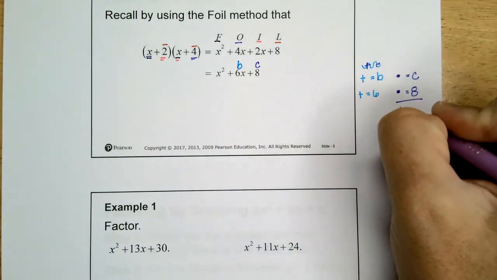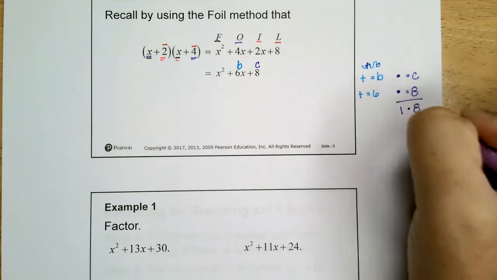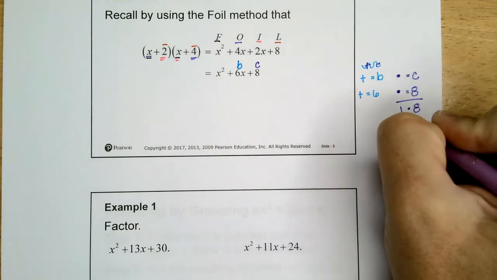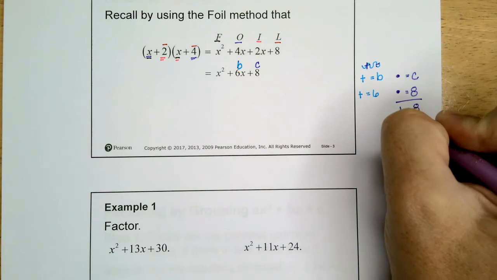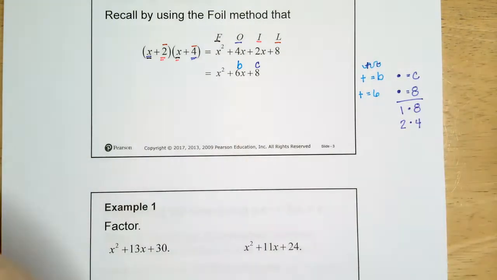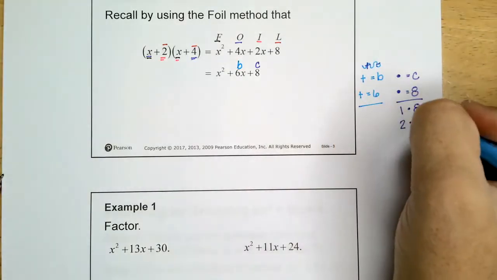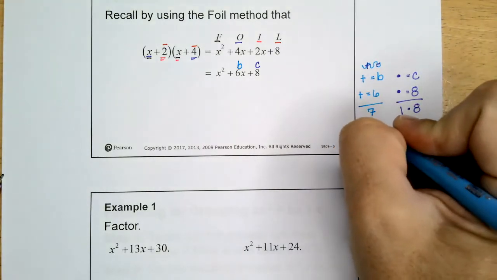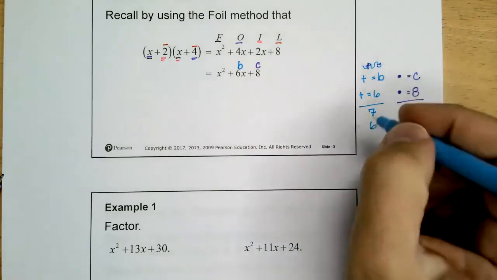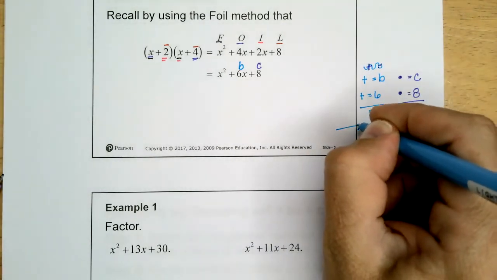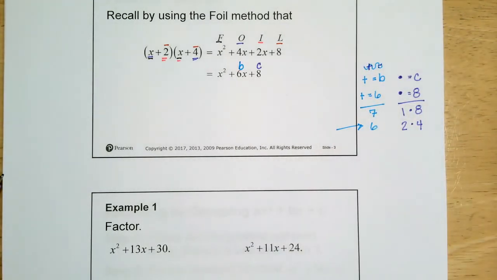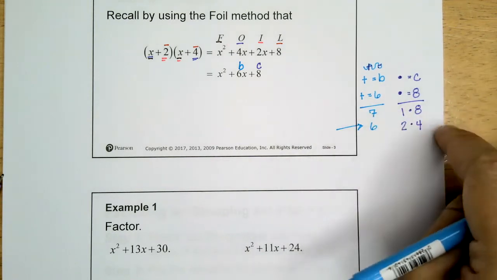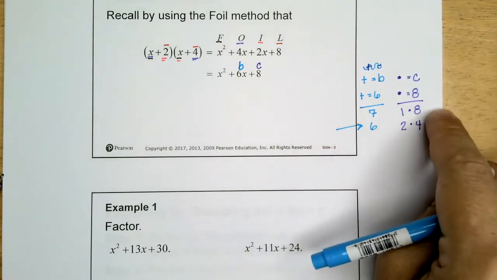We have 1 and 8, or 2 and 4. Those are all of them. If we add, 1 and 8 becomes 7, and 2 and 4 becomes 6. So 2 and 4 is the correct pair because they add to 6.